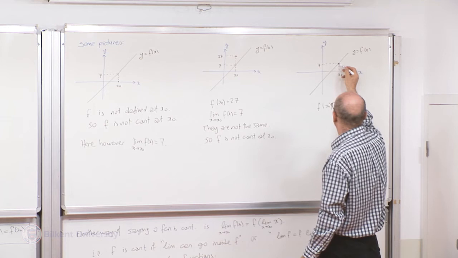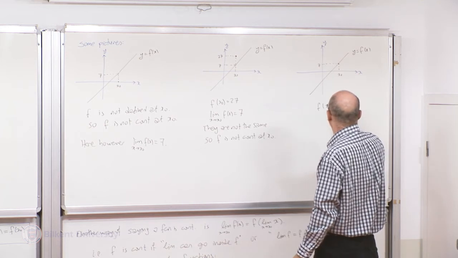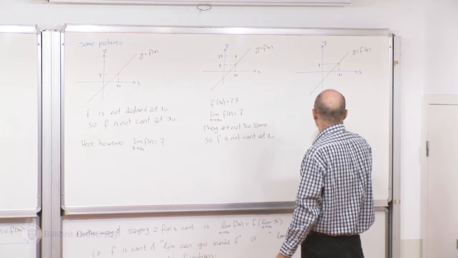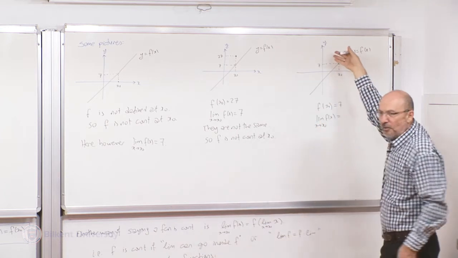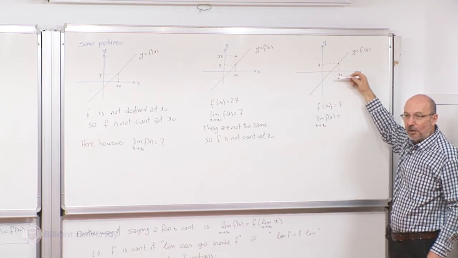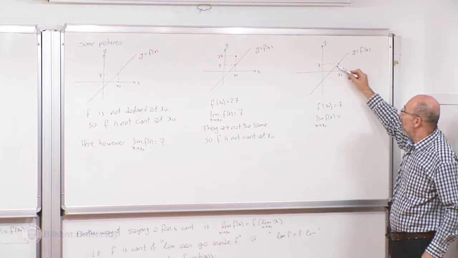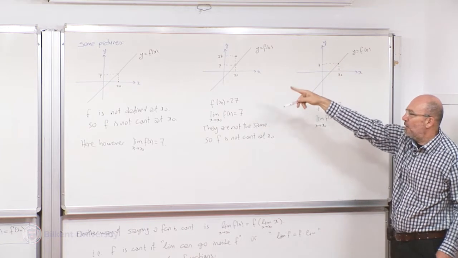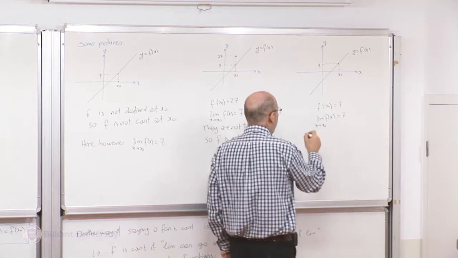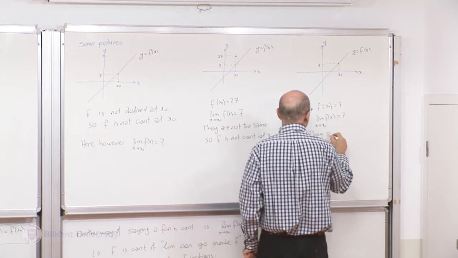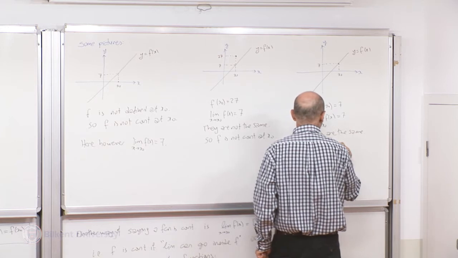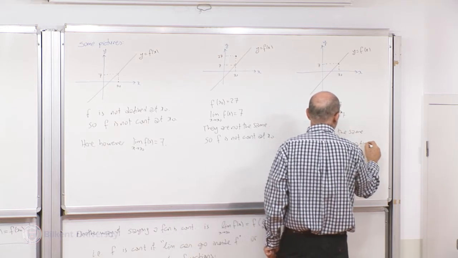Well, I know that the value is this. I calculate the limit of f of x as x goes to x sub 0. Since this is the only information given, I calculate the limit by looking at the graph. The limit is here because the graph approaches this value, as I did in both of these. This is 7. They both exist and are the same. So f is continuous at x sub 0.